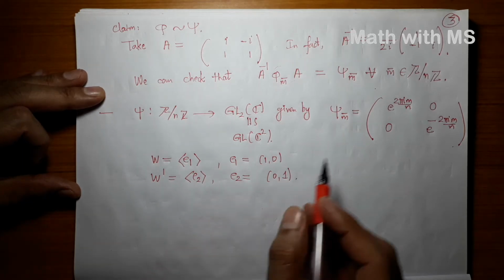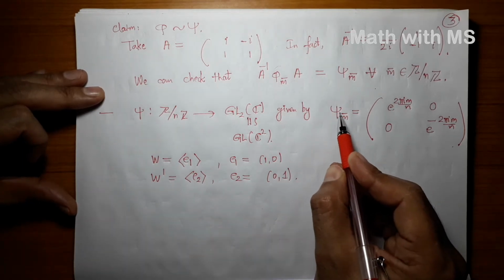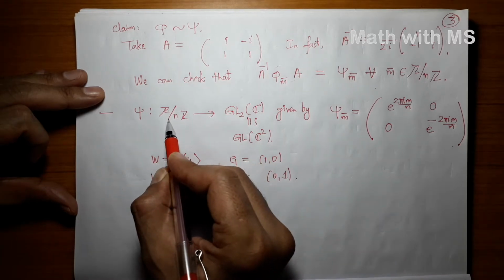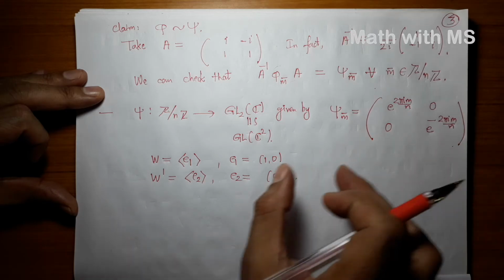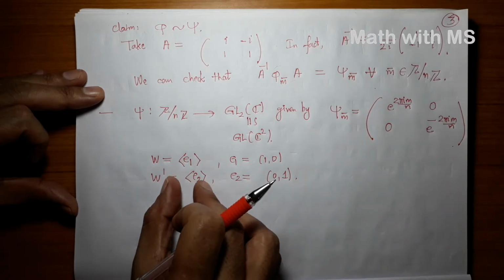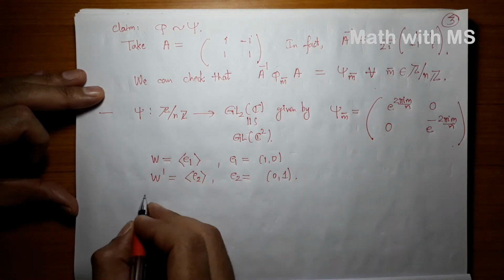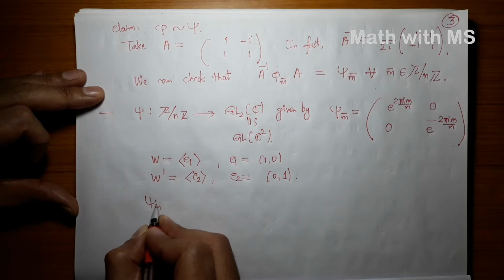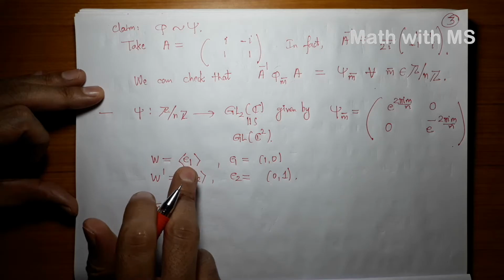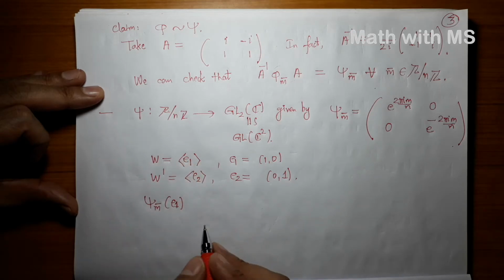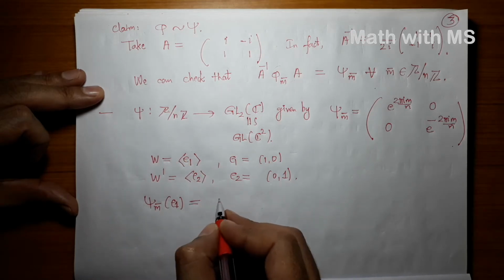Then we observe that for each m bar in Z mod nZ, psi m bar, which is this matrix, preserves these subspaces. Psi m bar acting on E1: it is enough to check on the basis element of this one-dimensional vector space.